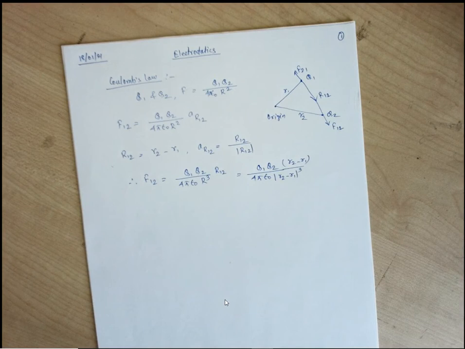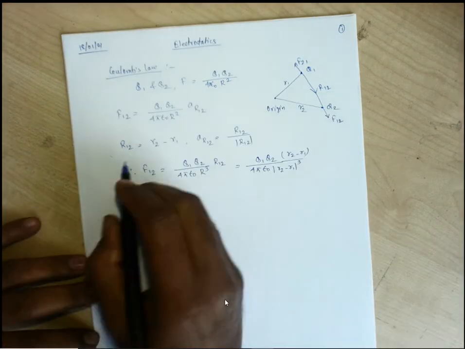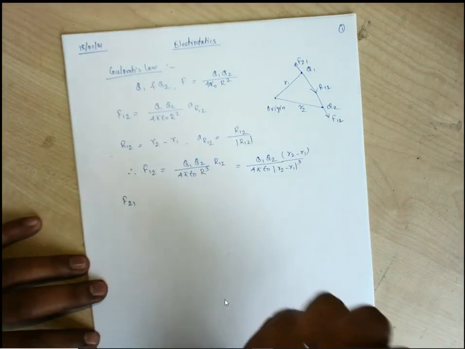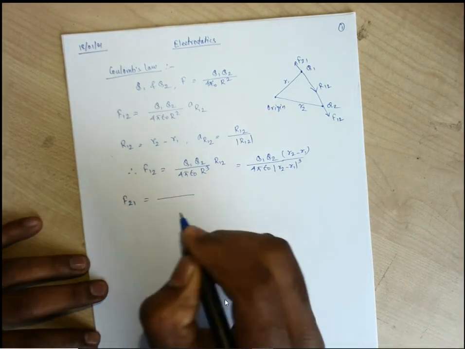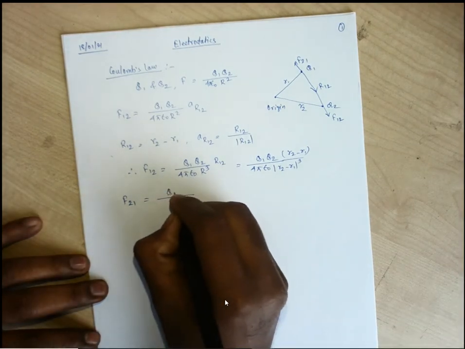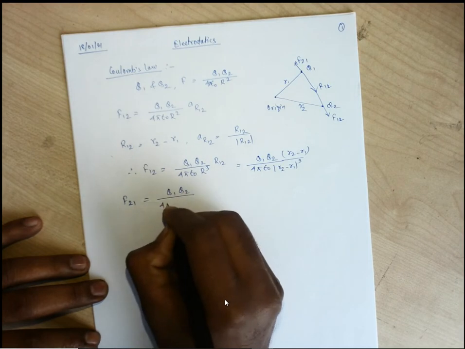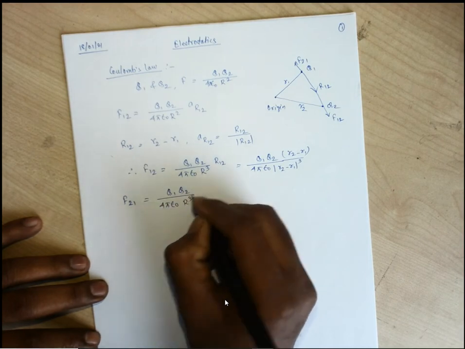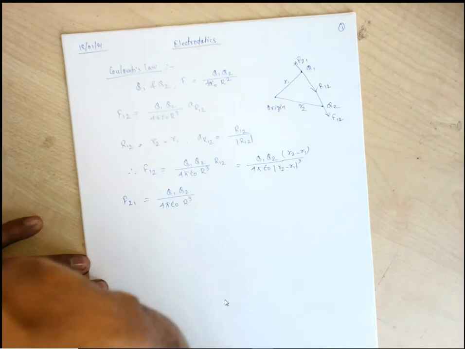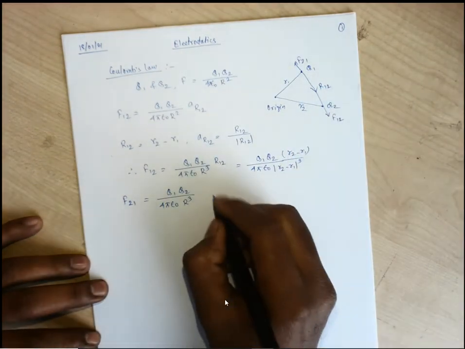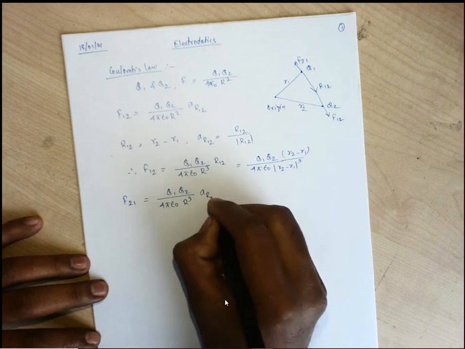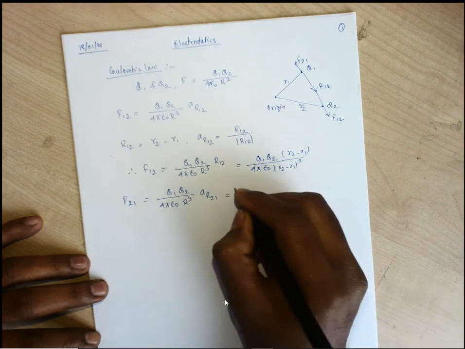Clear? Next, the reverse one, the force on Q1 due to Q2, that is F21. It is supposed to be the reverse of this. Let us consider how we should write it. That is Q1 Q2 by 4 pi epsilon naught r cube, times the unit vector acting in the reverse direction, from Q2 to Q1, that is a_r21.